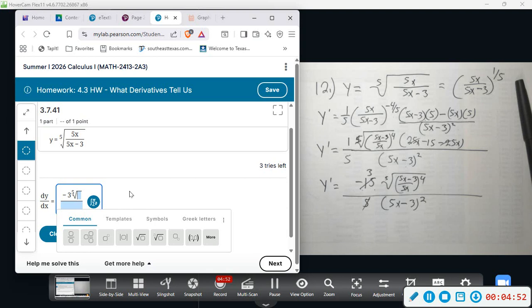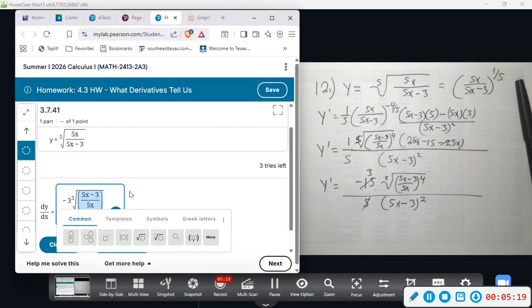Under here, we're going to do a division bar. Open parentheses, 5x minus 3 over 5x, which I probably could simplify once it flips, but that won't be too much.